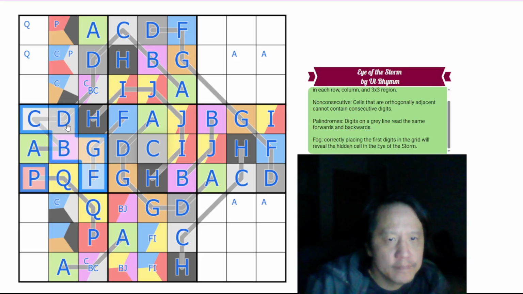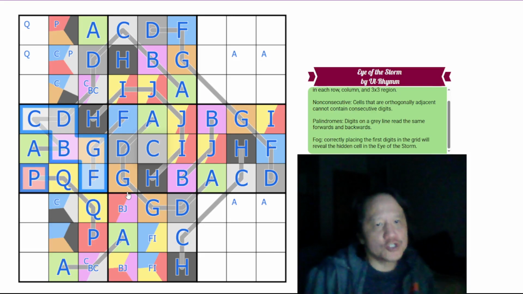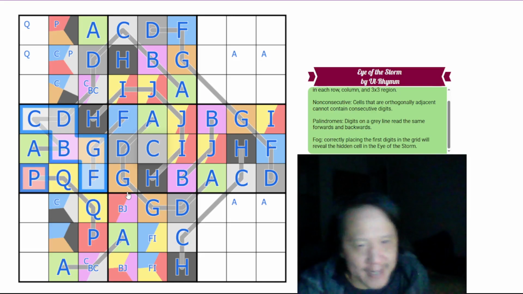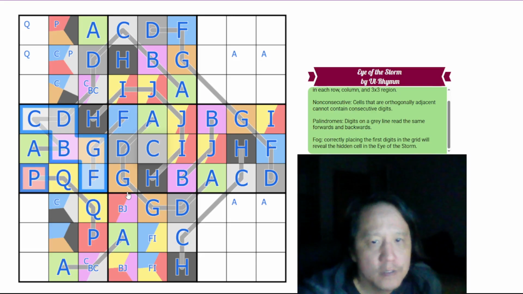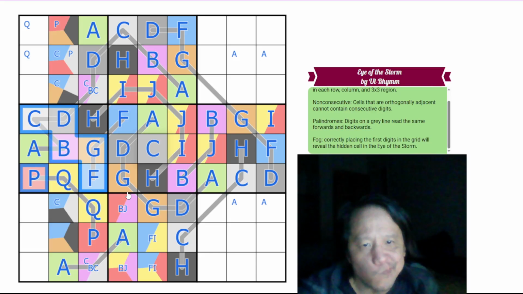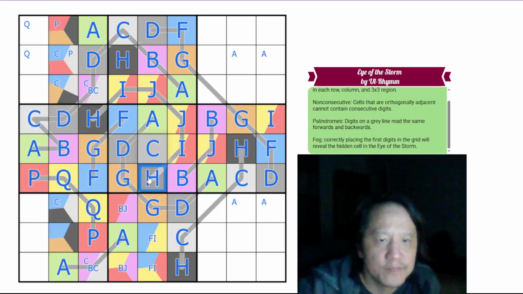D. So A could be next to Q or H. Or, sorry, is not next to Q or H so far. That's not really restrictive. What about H?